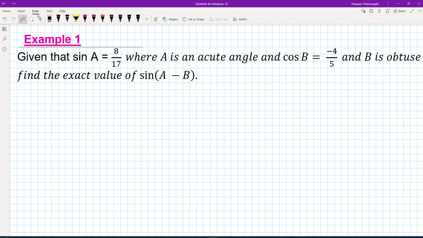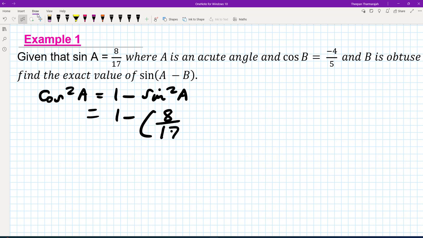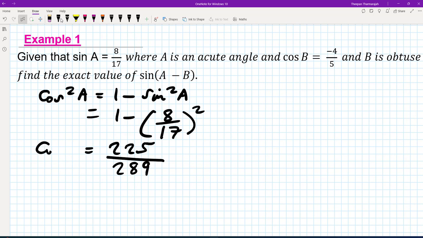Well, the first thing we ought to do is to work out cos A. So we can say cos squared A is 1 minus sine squared A, which is 1 minus 8 over 17 squared. And that's going to give me 225 over 289. So cos squared A is that.